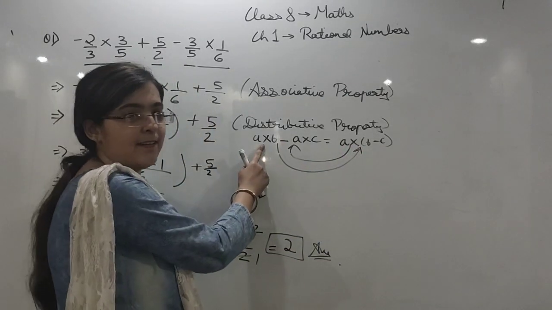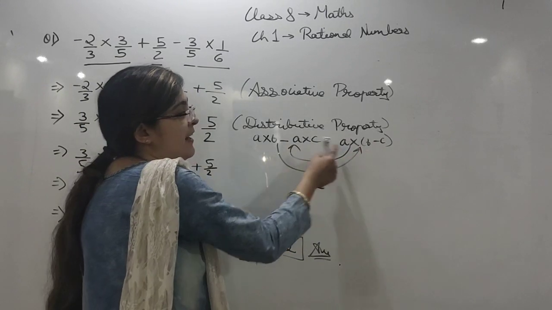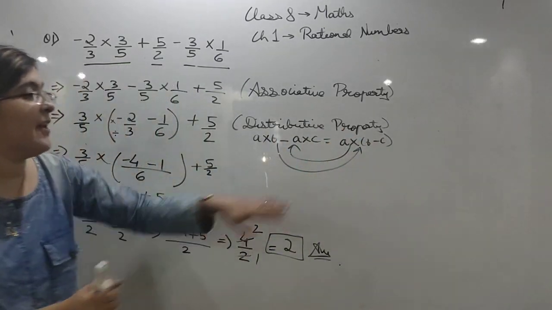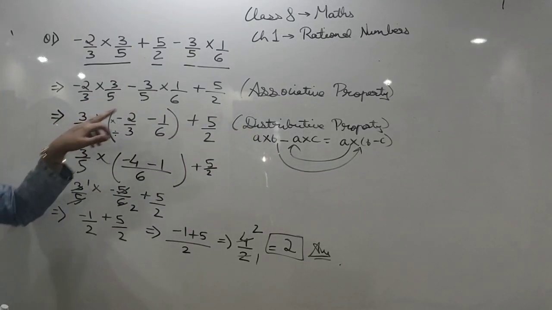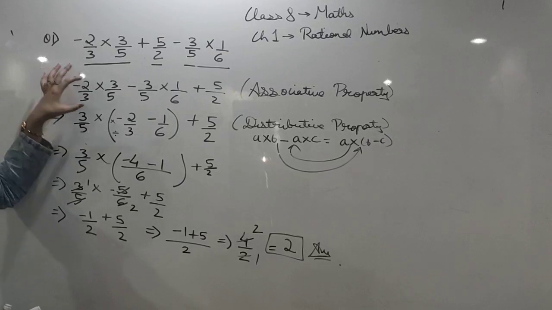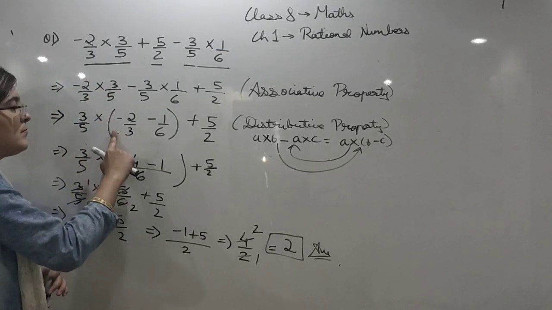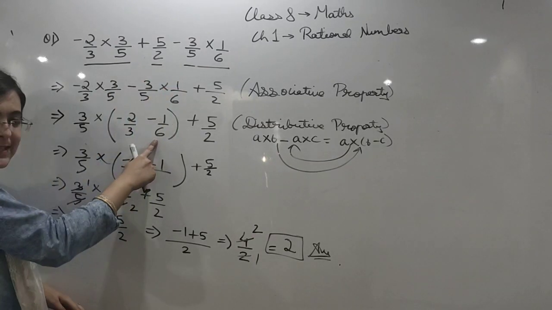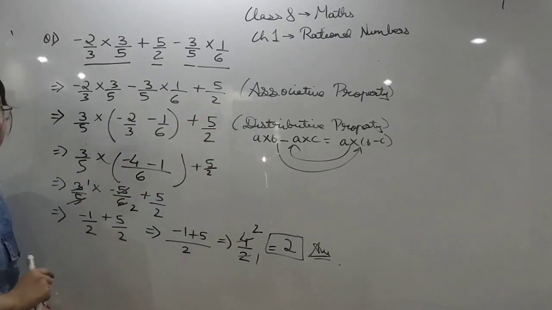This was written and we had written this: A common into B minus C. We have done the same thing here. When we have taken 3 by 5 out, then what is left here? Minus 2 by 3. Here it is minus 1 by 6. This term is written the same.